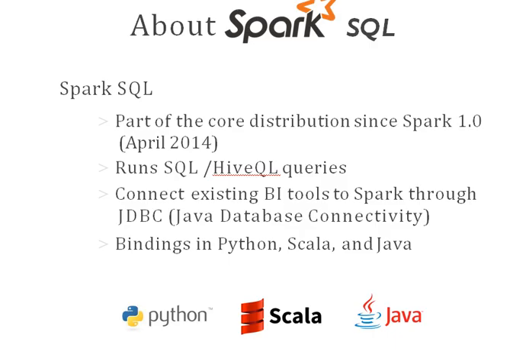This shows that it's a core function of Spark and runs SQL queries, and can connect to existing business intelligence tools through JDBC. It can be combined with Python, Scala, and Java.